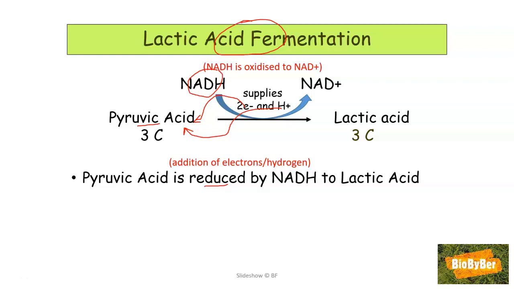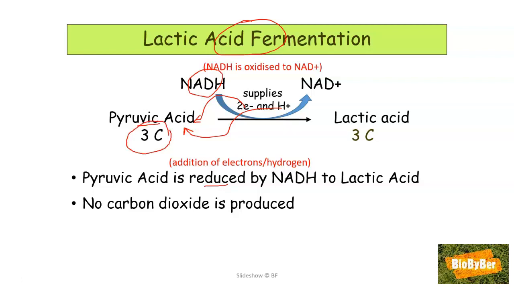Now, in this process where the pyruvic acid is reduced to lactic acid, no carbon dioxide is produced. This is a rather interesting point, because if we look at the reactant, pyruvic acid, it contains 3 carbon atoms.